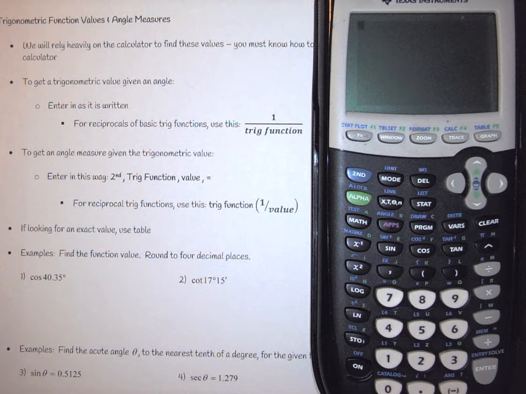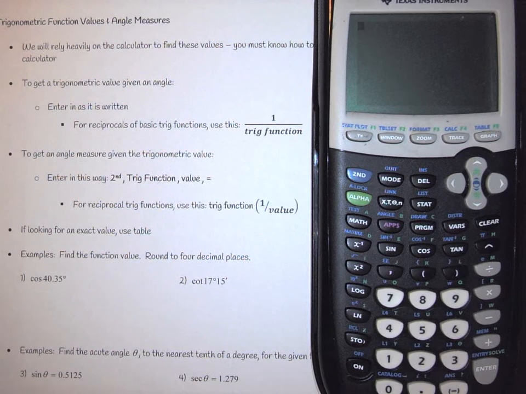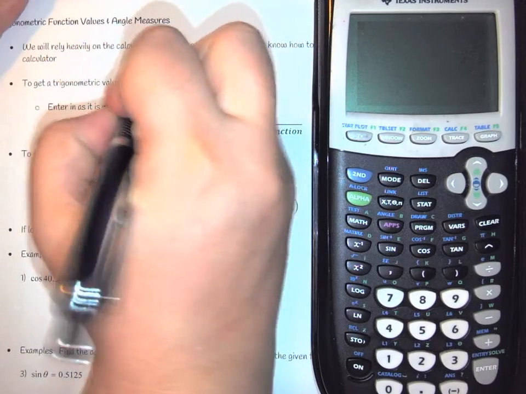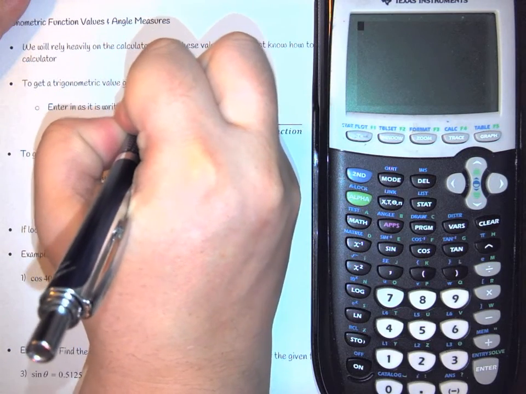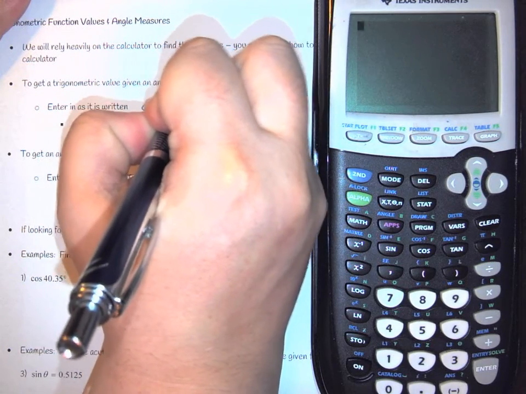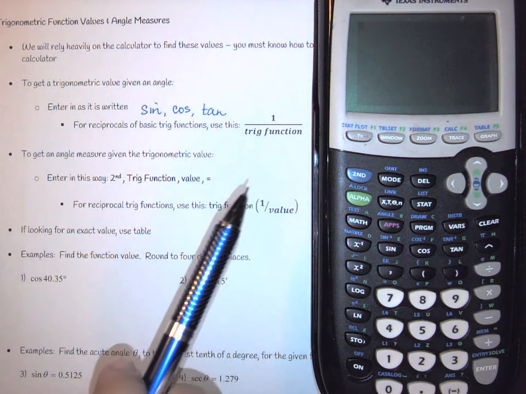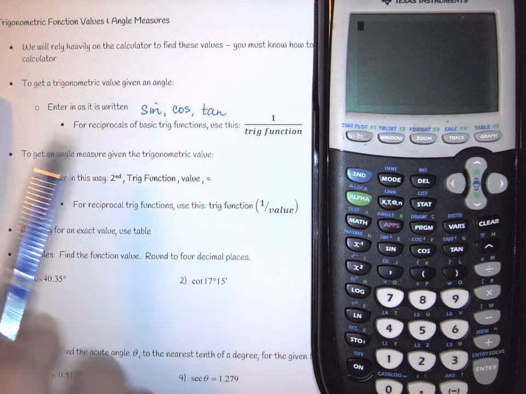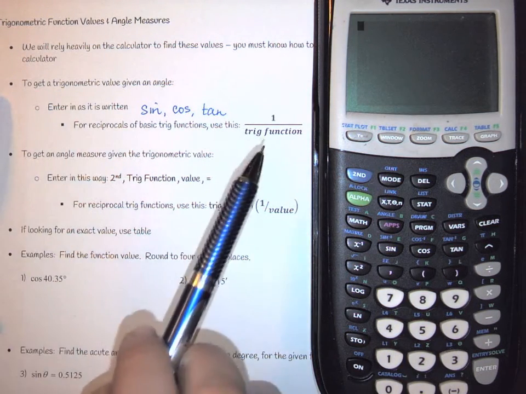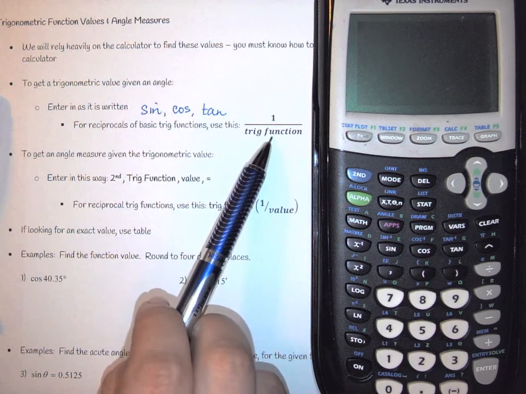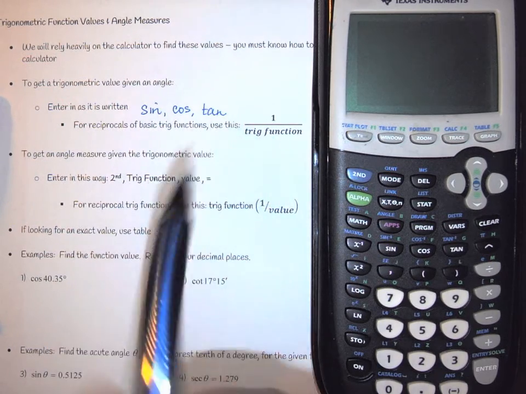So there's a couple things that we need to keep in mind. First of all, when we're talking about trig functions such as sine, cosine, or tangent, to get the value given an angle, we would use just the straight button.